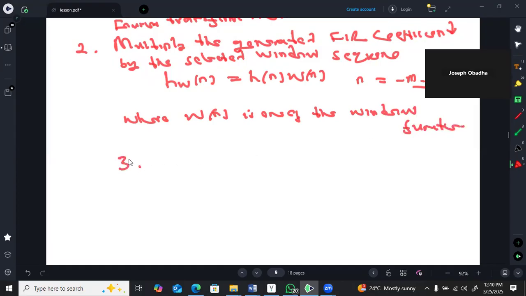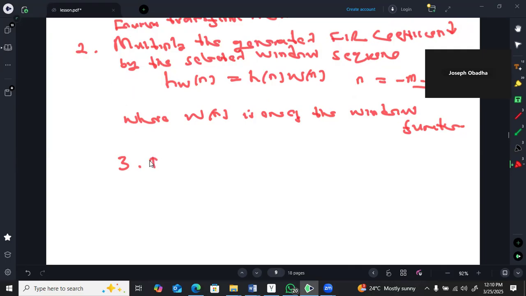And finally, as we had seen, we need to come up with a causal filter. So we may need to delay the determined coefficients so that we obtain the resultant filter coefficients. You can refer to the previous slide for a detailed discussion of this.